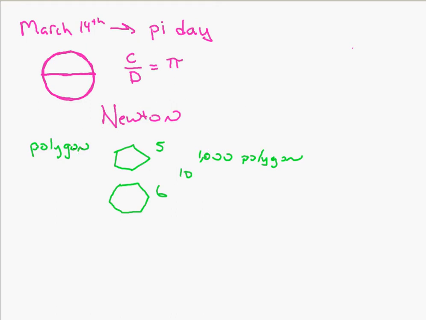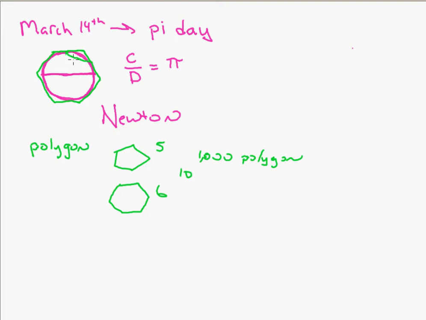So how do you use a polygon to approximate pi? Well, you draw your polygon on the outside of the circle, right? I'm not doing a very good job of drawing this, but okay. So this would be 1, 2, 3, 4, 5, 6 sides, a 6-sided polygon. And then you draw the polygon with 6 sides on the inside of the circle.